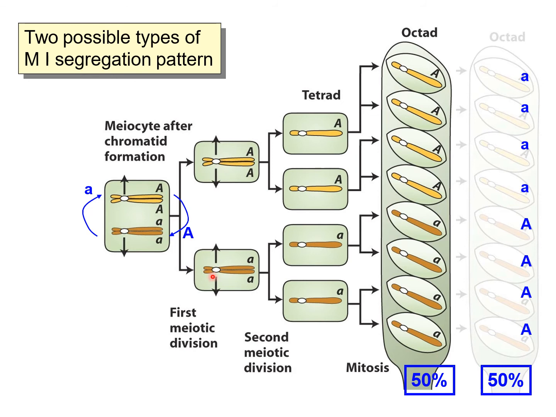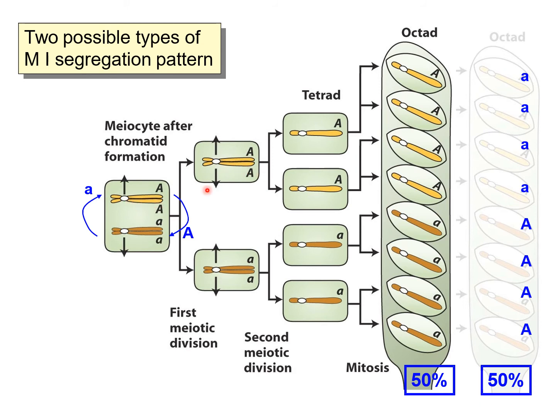But there is a possibility that this chromosome may be present at this position and this small a may be present at this position. Now let us see what difference will be seen in terms of the arrangement of the ascospores. First we are going to consider this type of arrangement where capital A is present here.